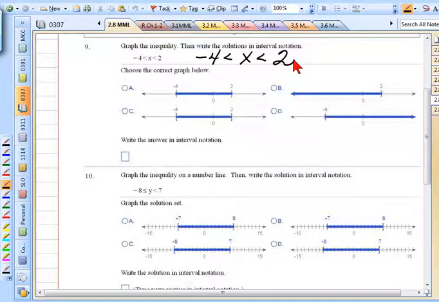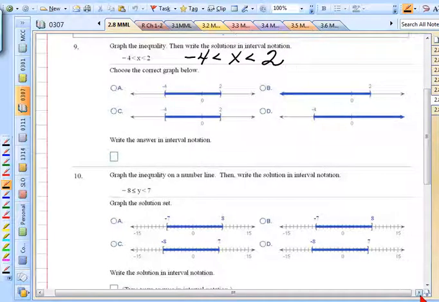All right, which of these would be the correct number line graph? Well, the number line must start at -4 and it must end at +2, and it's not going to involve infinity at all. Look at the symbols. At -4, what symbol will I see? It is a less than, so I will see a parentheses because it's not included.